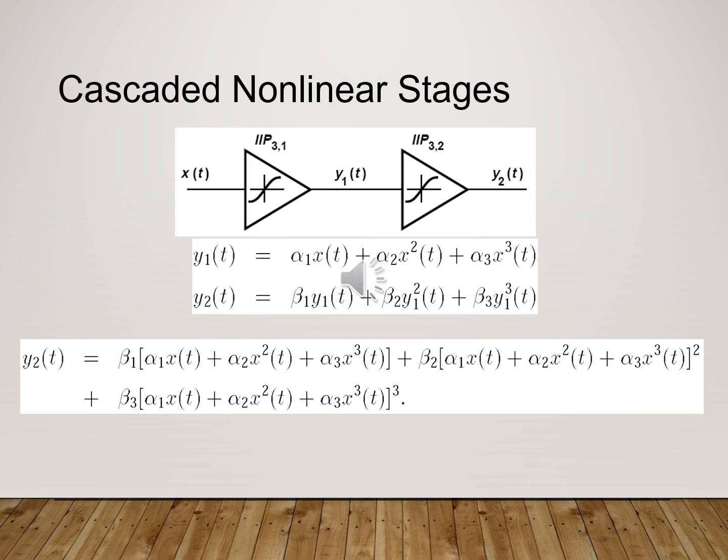Let us consider cascaded nonlinear stages. If we have two cascaded devices as shown in this slide, let's find the gain for this and the total IIP3.